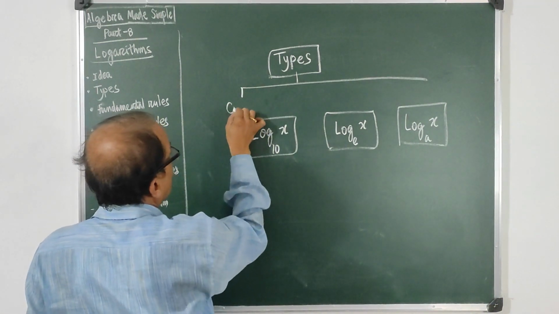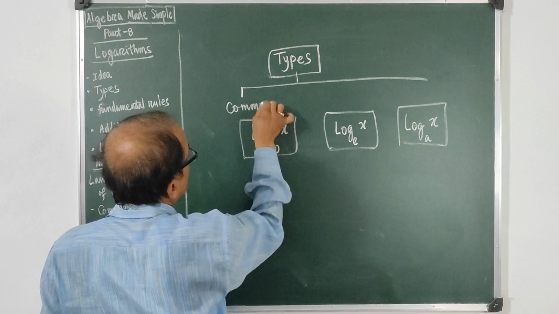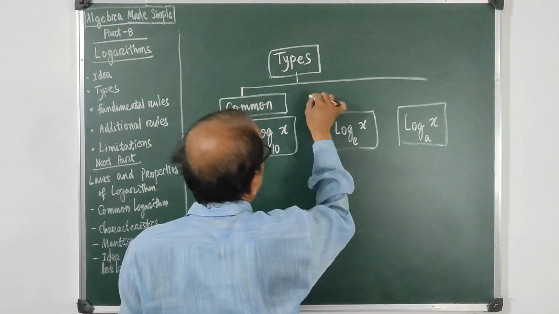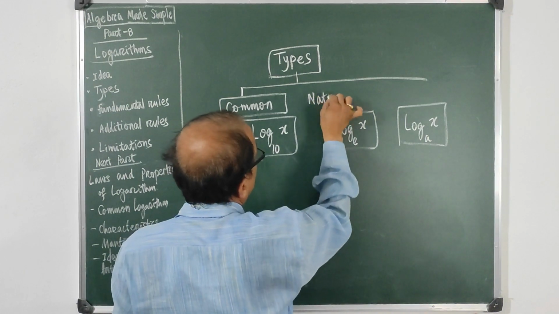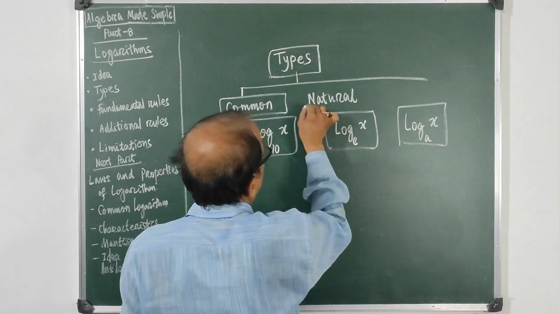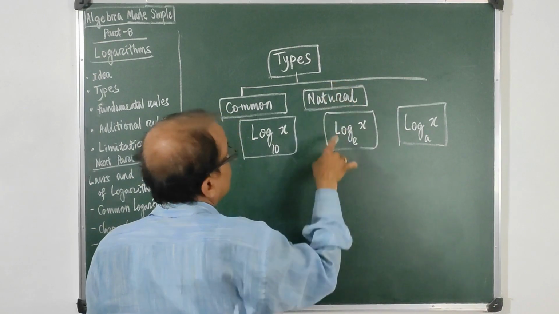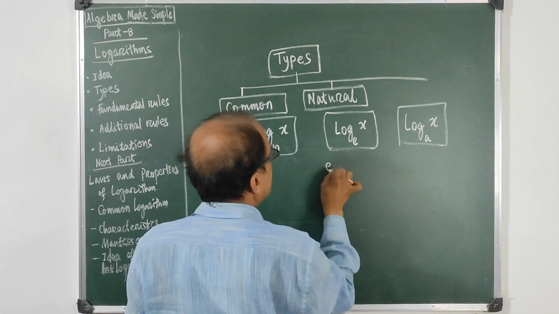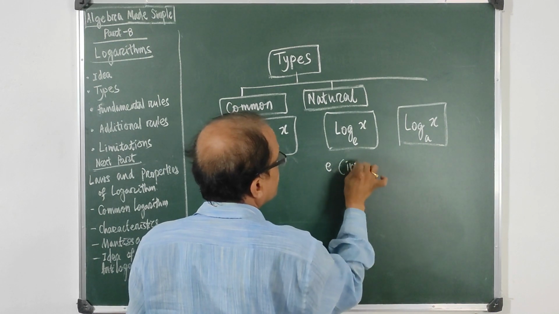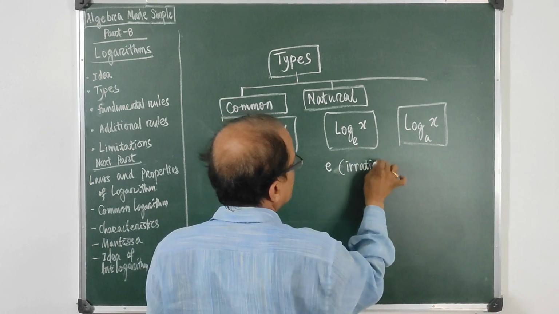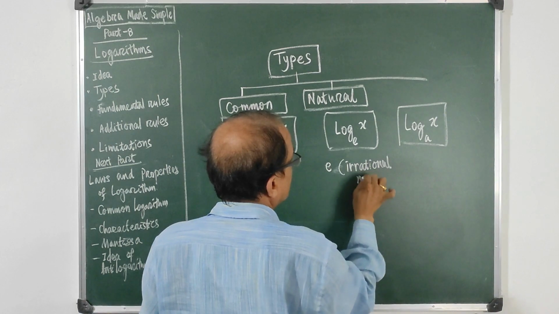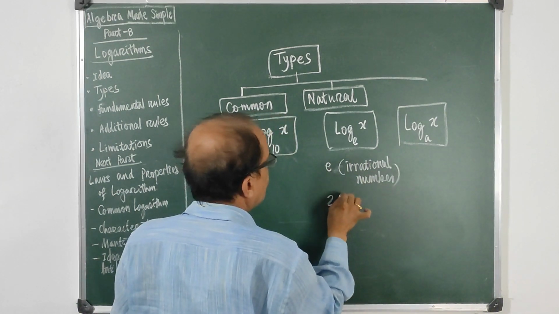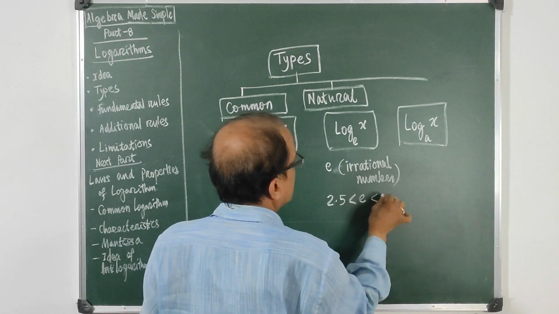First one is common logarithm, when the base is 10. Next is the natural logarithm, when the base is e. e is an irrational number that lies between 2.5 and 3.